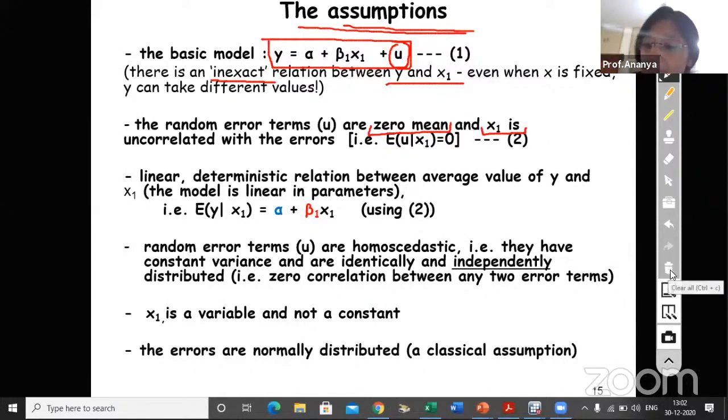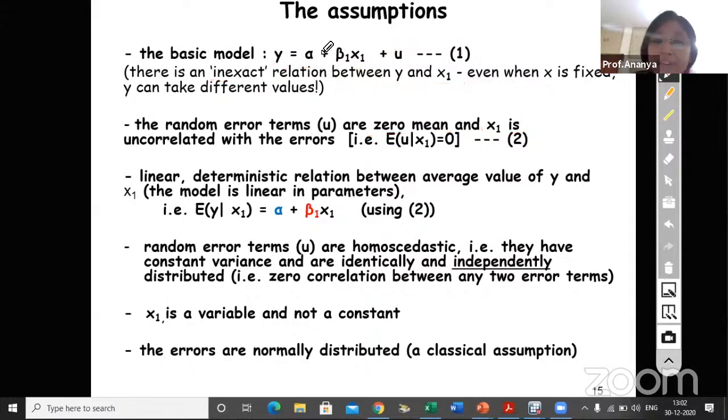Basically, in regression you're splitting y into two parts: a deterministic part, which depends on x, alpha plus beta 1 x1, and a purely random part u, which is unobservable. On average, the errors are zero, and the errors are uncorrelated with the x's.